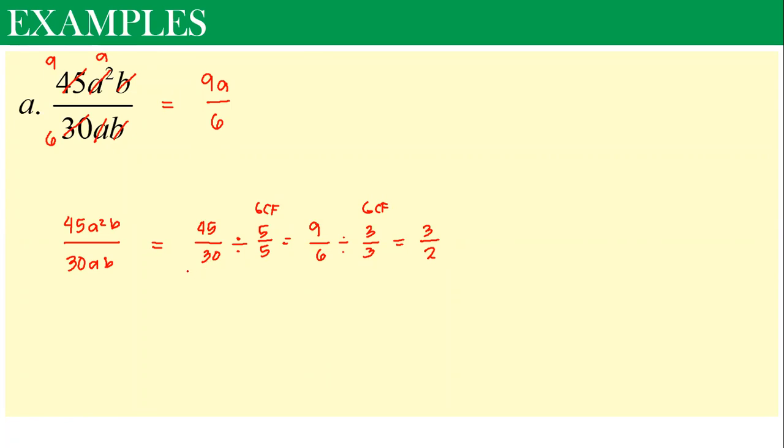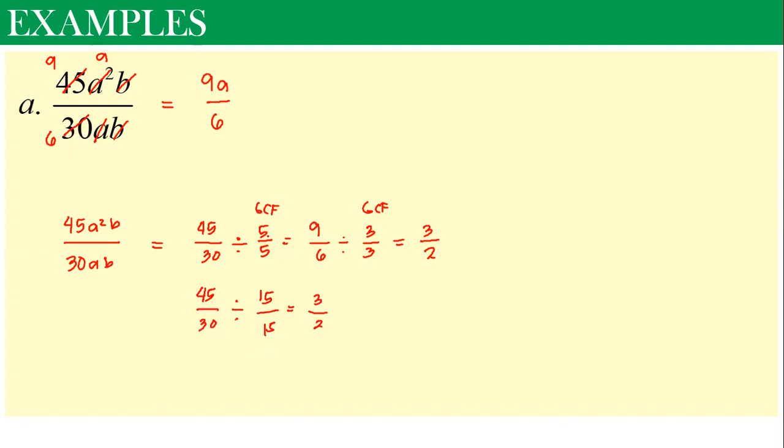So, kung medyo madali po sa inyo hanapin yung GCF, you can find its greatest other than 5, which is 15. Tama? So, you can have 45 over 30 divided by 15. And you will come up with the same answer, which is 3 over 2. Okay? Paano kung inuna niyo po yung pinakamaliit?